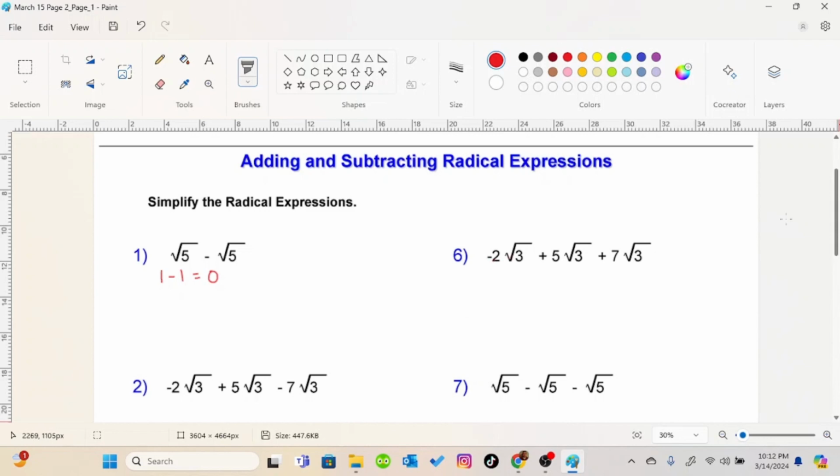Number 6, all the radicals are square root of 3. So what we're really doing is negative 2 plus 5 plus 7. Negative 2 plus 5 is 3, and 3 plus 7 is 10. So our final answer is 10 square root of 3.